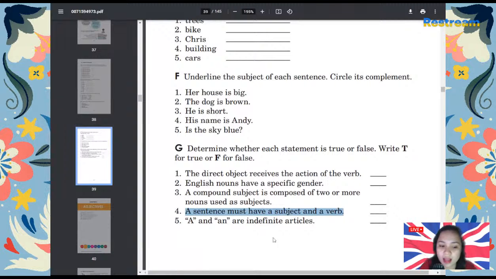And last one, number five. A and an are indefinite articles. Are a and an indefinite articles? True or false?